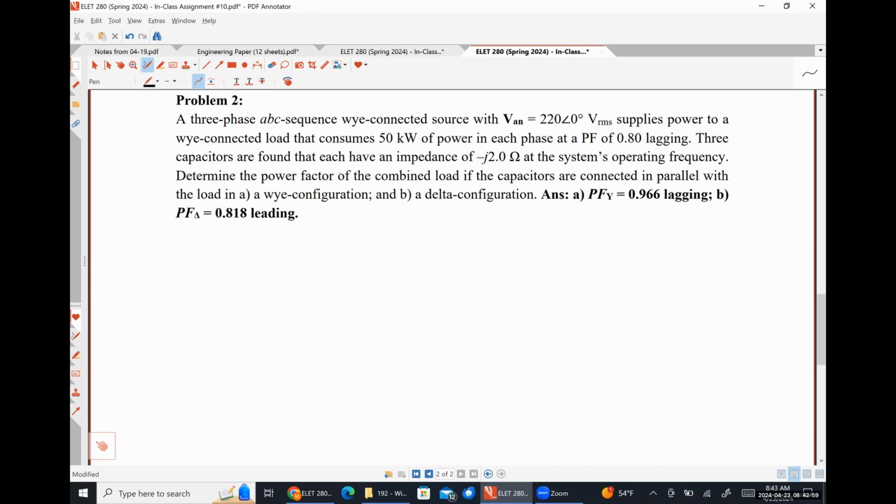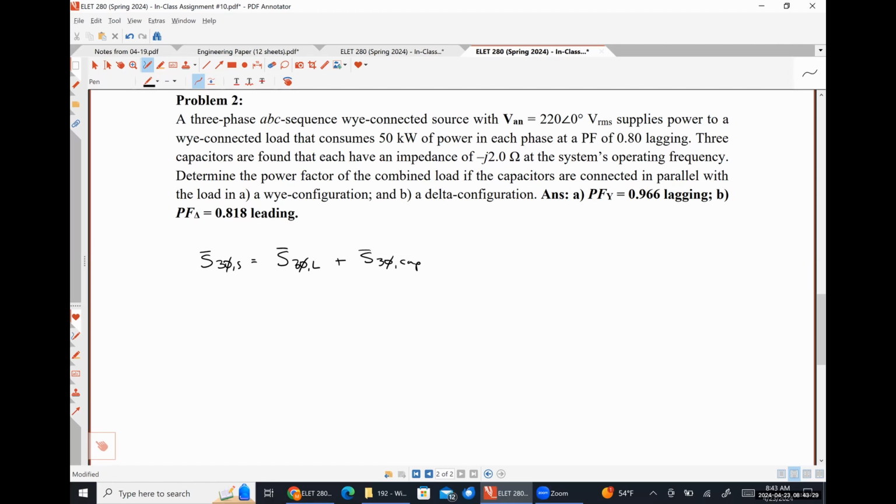So effectively, what I'm saying is that S three-phase for our source should just be S three-phase for our load plus S three-phase for our capacitor bank.